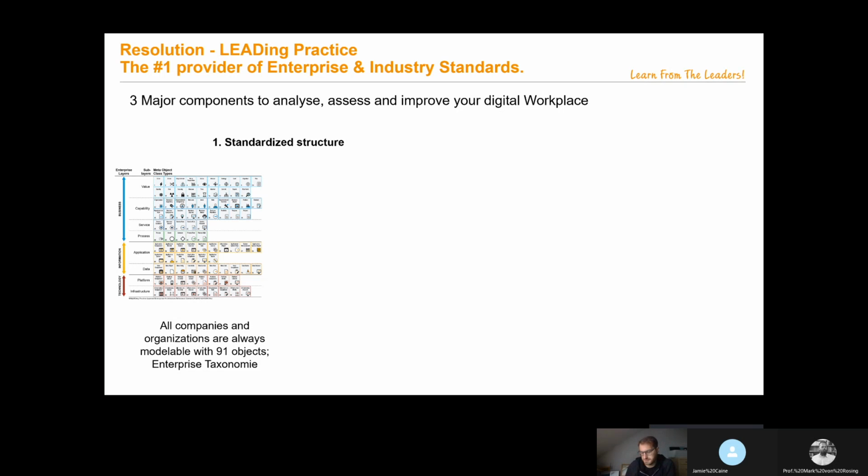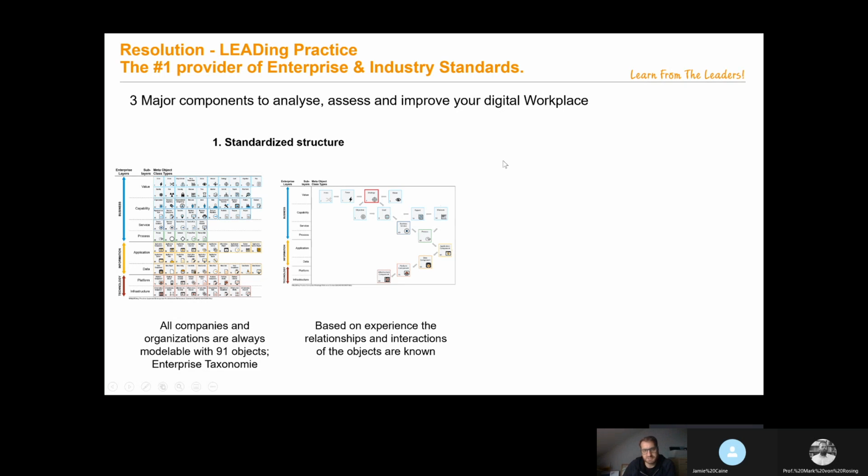And within the structure, based on the experience with working with the structure and the meta objects, you see the relationships and interactions between every object that are known and can be used for the analysis and for the modeling of services and so on.